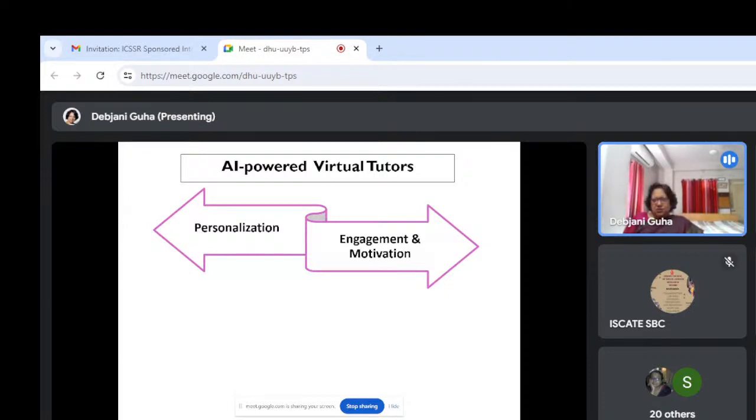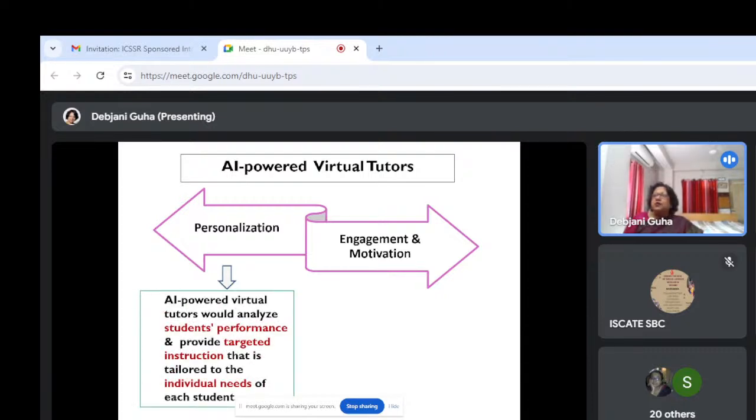For personalization, in this theory, it is the use of AI-powered virtual tutors to analyze student performance and provide targeted instruction that is tailored to the individual needs of each student.